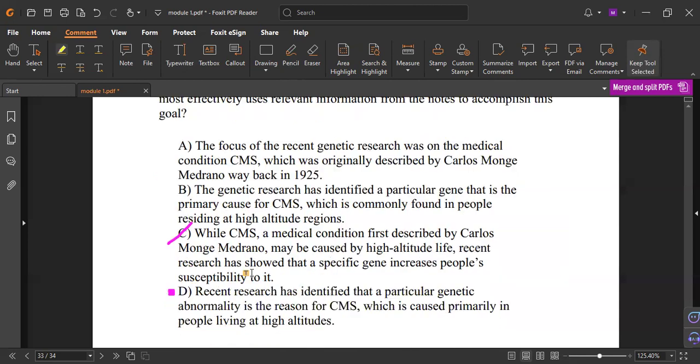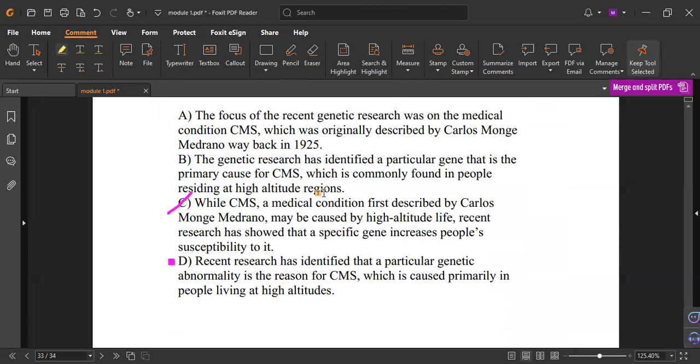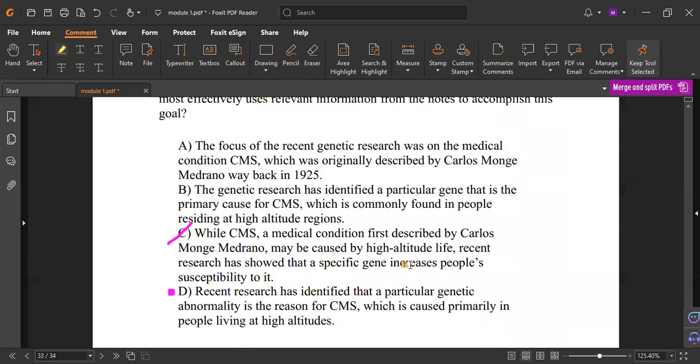Now he says in letter D, recent research, look, information about research, has identified that a particular genetic abnormality is the reason for. And then look, the findings, which is caused primarily in. So we add both of them or not? Yes. That's why.